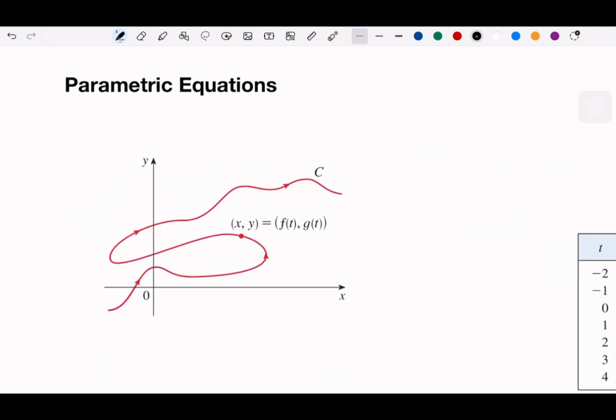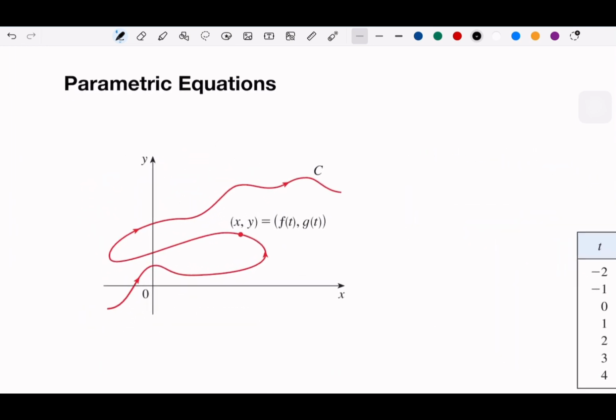So, parametric equations. What is a parametric equation? If you see this curve, and maybe don't pay attention to what this is, and see just the curve itself. If we use our definition of a function, and of course, if we take the vertical line, it crosses the curve at more than one point, right?